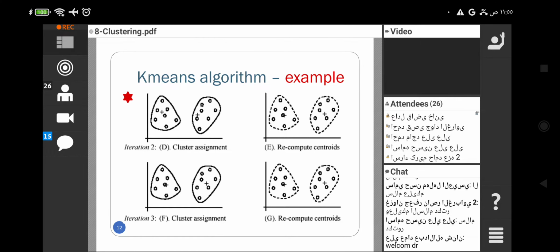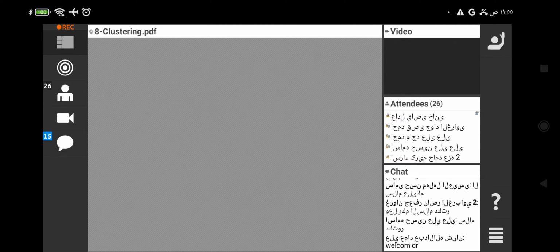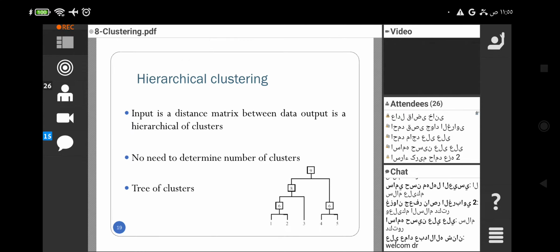This was the k-means algorithm that we talked about, and then we talked about hierarchical clustering.